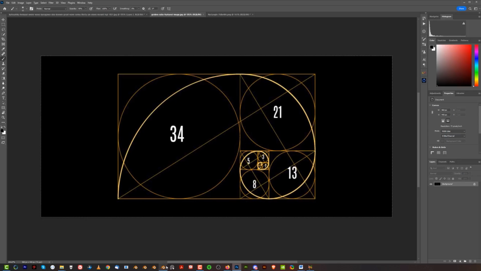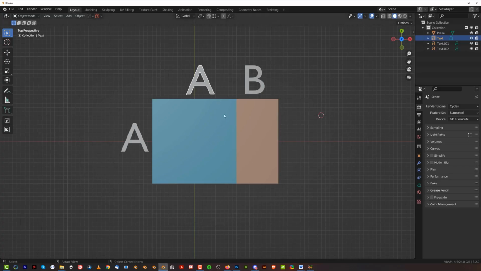But now, how do you compute the edges of this rectangle inside of the Fibonacci, inside of the golden ratio? Well, it's an interesting formula which basically sums up to 1.618. If you take the edge A and add it to the edge B and divide it by A, you will get 1.618.